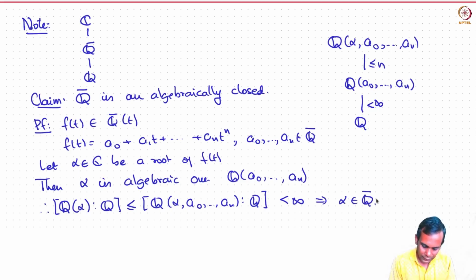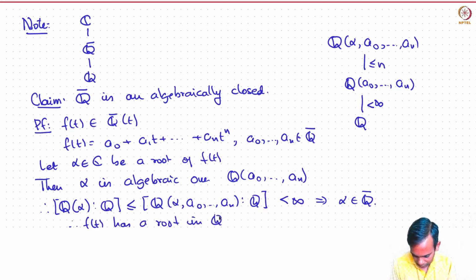So what we have is that f(t) has a root in Q bar. And that is enough to show that Q bar is algebraically closed. Every polynomial with coefficients in Q bar has a root in Q bar.